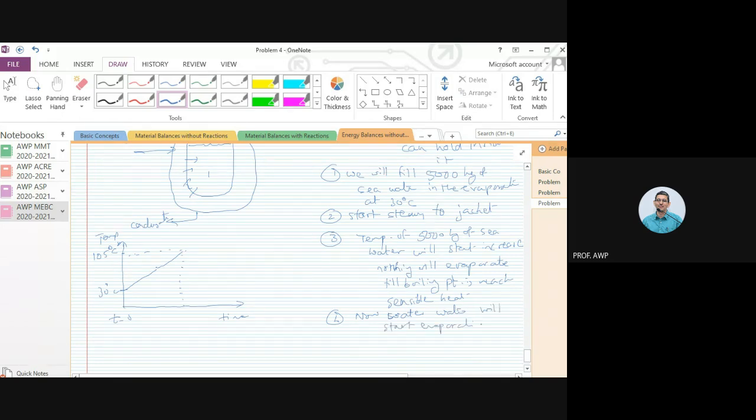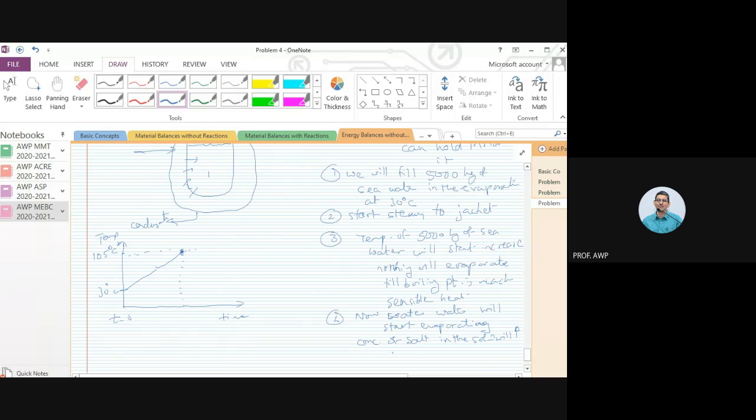Now as water evaporates, what will happen? The concentration of salt in the solution will increase, isn't it? It was initially, let's say, 3%. Now if we keep on heating, slowly it will become 3.5%, 4%, 4.5%, 5%, 6%, 7%, 8%, 9%.